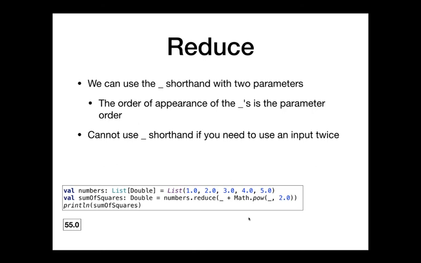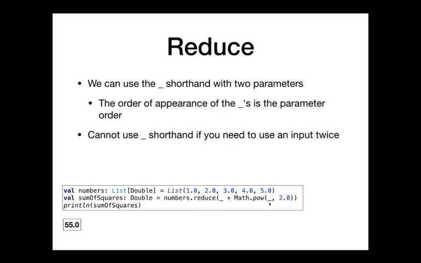And when we have 2 parameters, the order in which the underscores appear is going to determine the order of the parameters. So in this case, the first underscore that's found is going to be the first parameter or the first argument, and the second underscore that's found is going to be the second parameter or second argument in this function.